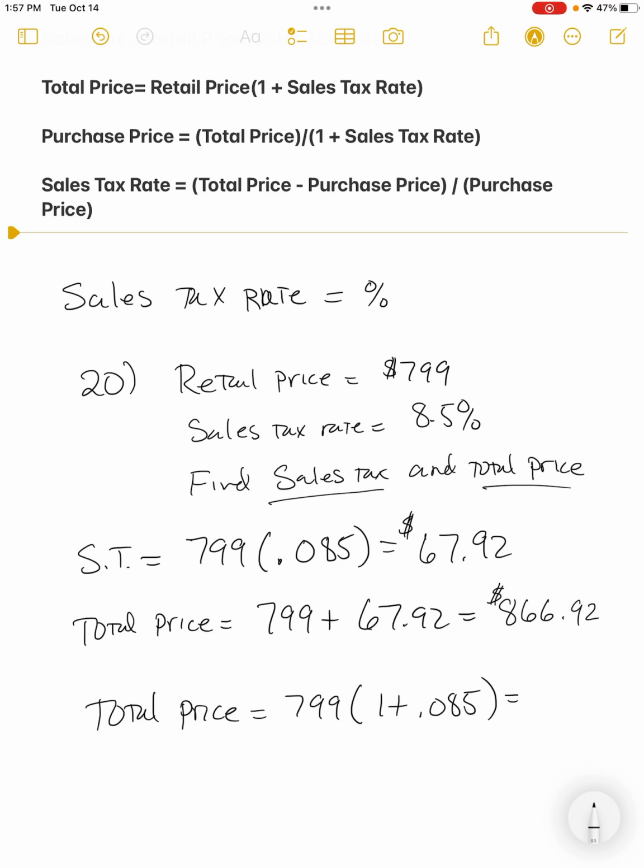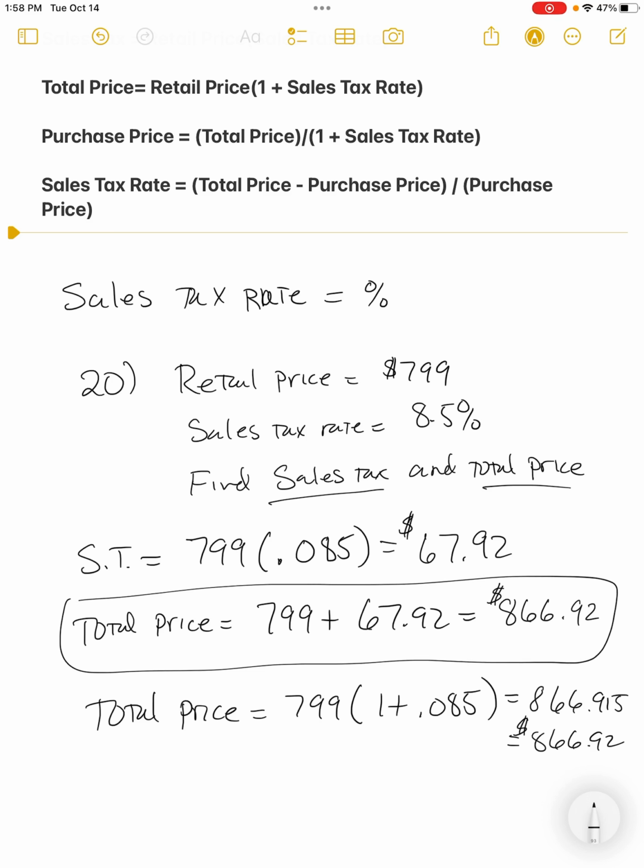So if I take $7.99 times open parentheses 1 plus 0.085, close those parentheses, and it equals, I get 866.915, which is 866.92. So you could do this intermediate one that makes sense, or you could just add the tax to the original.